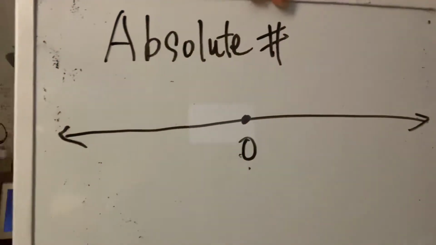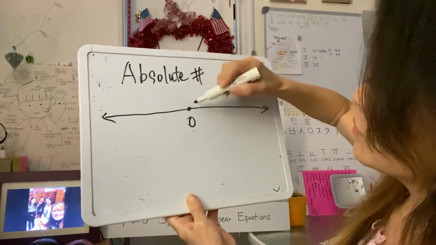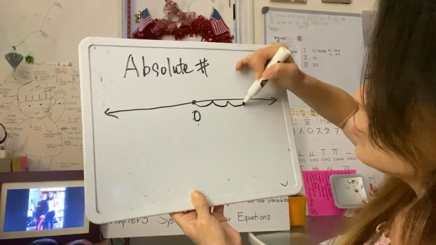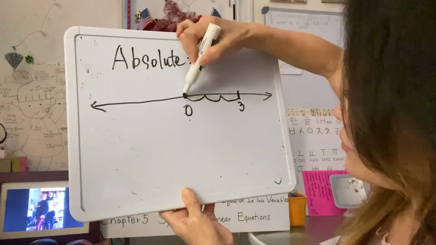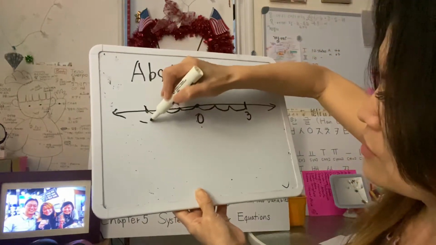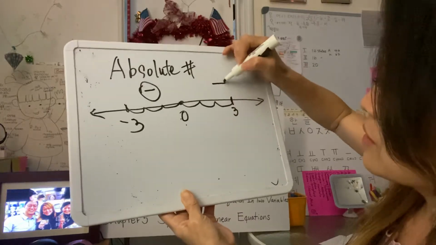Okay, so I'm going to move from 0, maybe 3 units. 1, 2, 3. It's going to be 3, right? Going to the left, negative: 1, 2, 3. That's going to be negative 3. To the right is getting bigger.